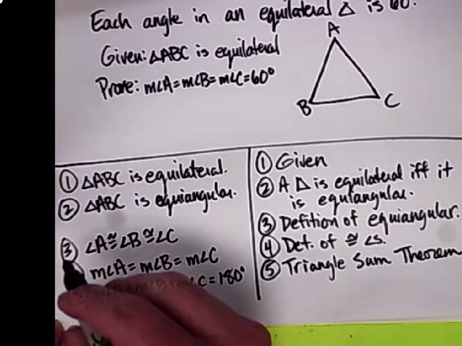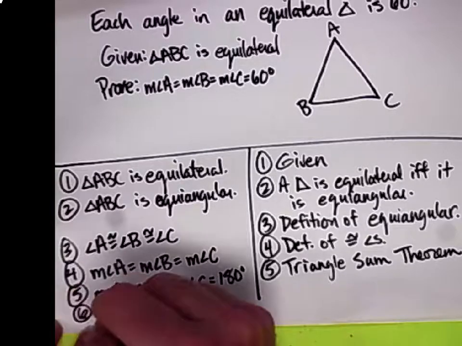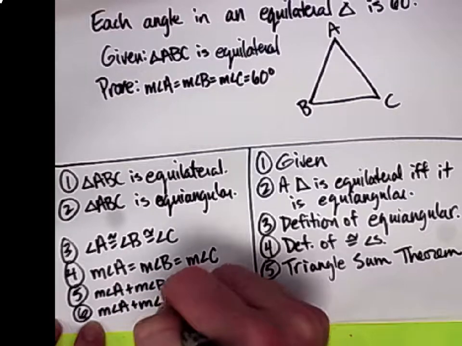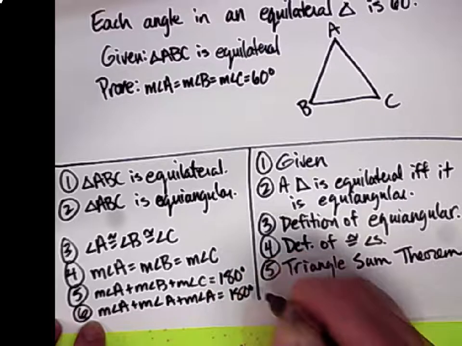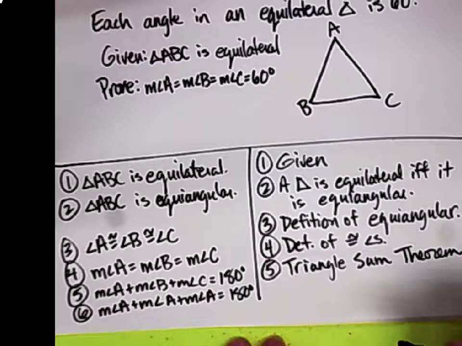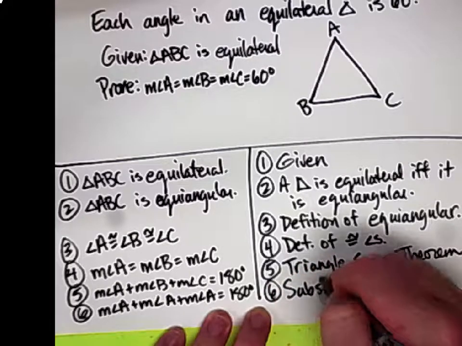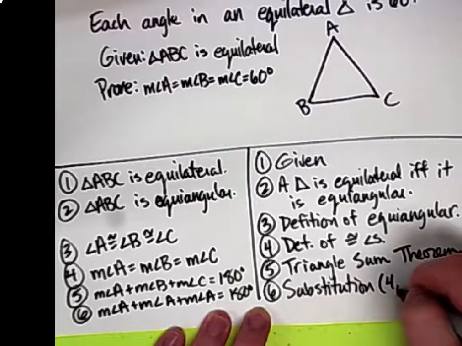Or you could just say the three angles of a triangle add up to 180. Well, they're all equal though, right? So I could write the measure of angle A plus the measure of angle A plus the measure of angle A equals 180. Right? That is substitution with steps 4 and 5.